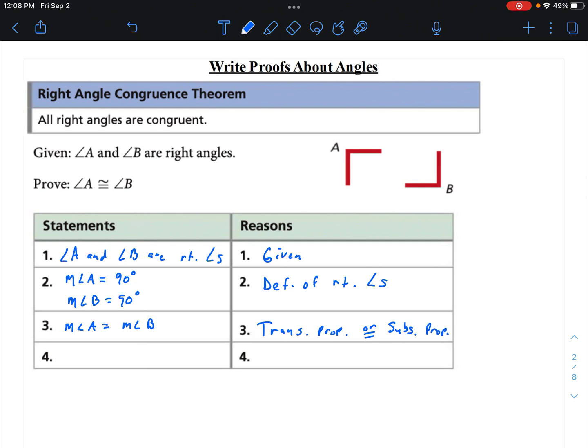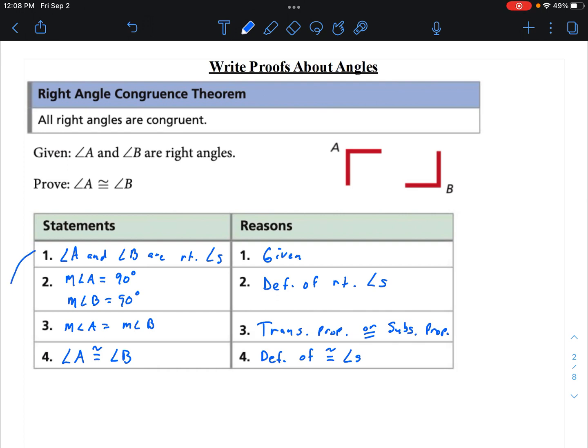And then lastly, of course, if they're equal, we can finish our proof and we can say angle A is congruent to angle B, because if they are equal, that means they're congruent, because that is the definition of congruent angles in this case. Congruent angles are equal. And there you just proved the right angle congruence theorem. So in the future, we're not going to have to put all four of these steps.